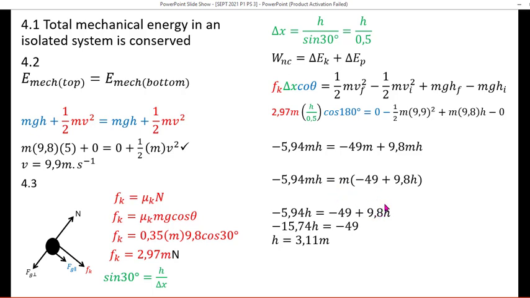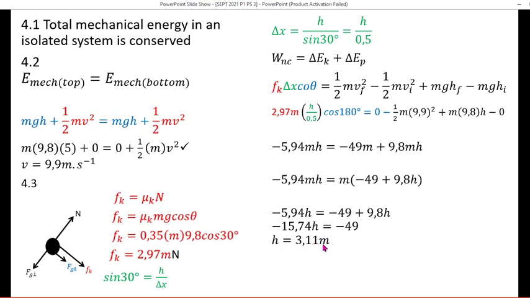We move this 9.8 to the left hand side, it's positive, so when it comes here it becomes negative, and then we get negative 5.94 plus negative 9.8 gives you negative 15.74h is equal to negative 49, and when we divide through by negative 15.74, we get h to be 3.11 meters. Please, this is meters as a unit.